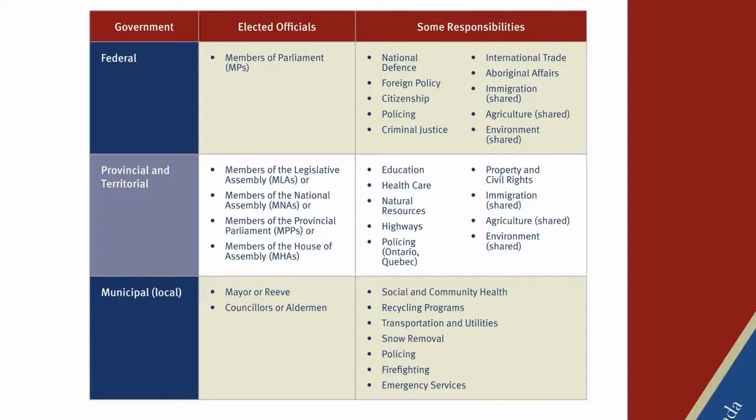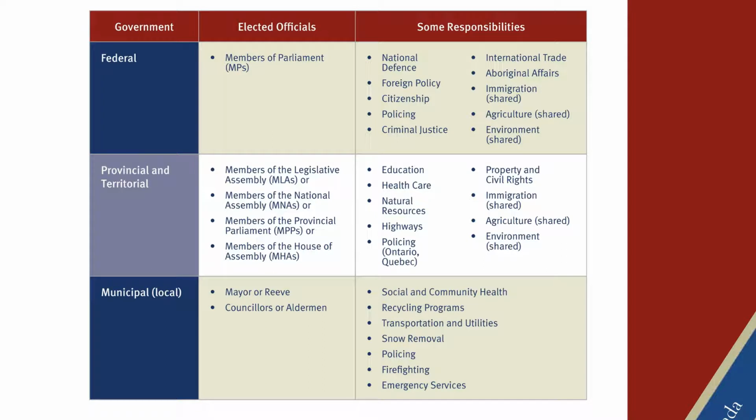At the provincial or territorial government level, the elected officials are called one of the following titles, depending on the province or territory: members of the Legislative Assembly, or MLAs, members of the National Assembly, or MNAs, members of the Provincial Parliament, or MPPs, or members of the House of Assembly, or MHAs.